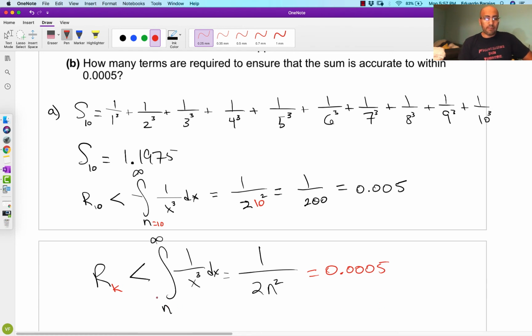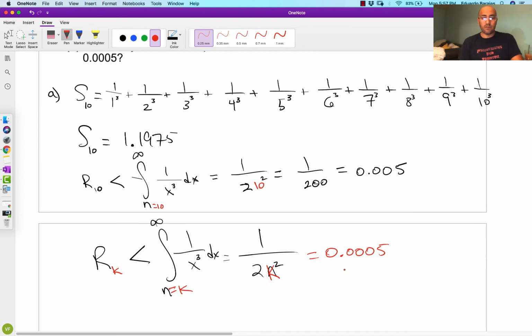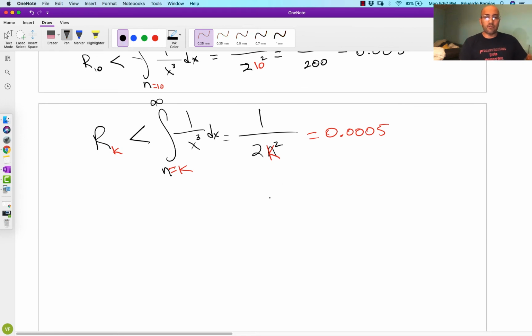So that means that we need the integral from n equals k to infinity of this, which we know equals this formula, 1 over 2 times k squared. I want that to be equal to this, so now we just have to figure out what k is based on this. Just a little bit of algebra now.